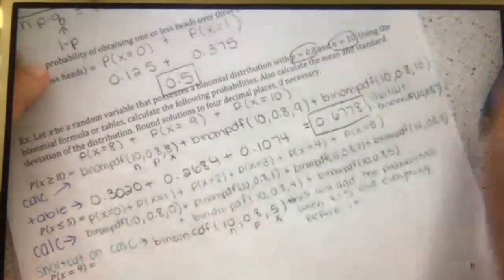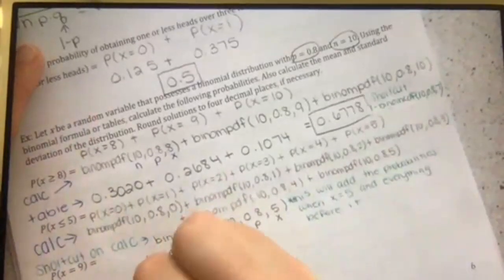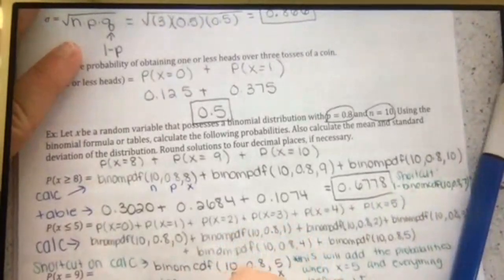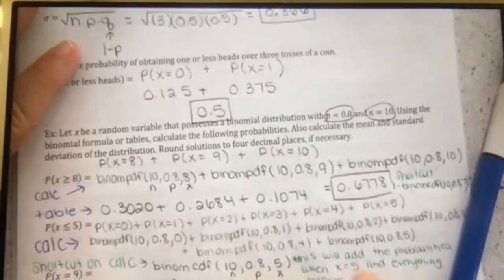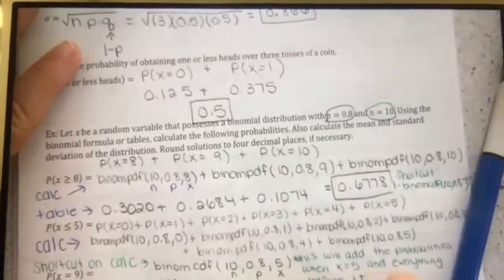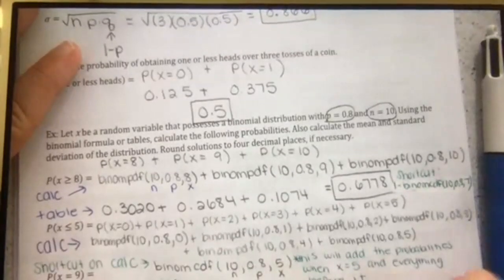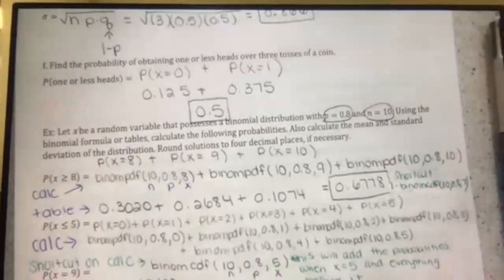So on the table, we have 0 plus 0 plus 0.0001 plus 0.0008 plus 0.0055 plus 0.0264.